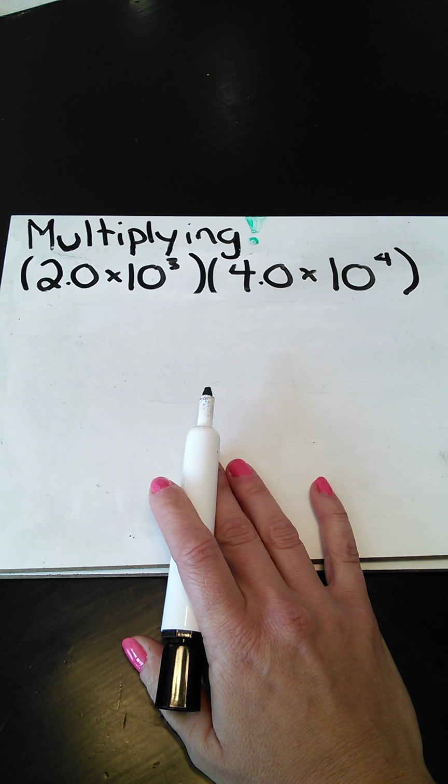So what we're doing is taking our 9.62 divided by 1.84. And then we're multiplying this by 10 to the 7 divided by 10 to the exponent 4.